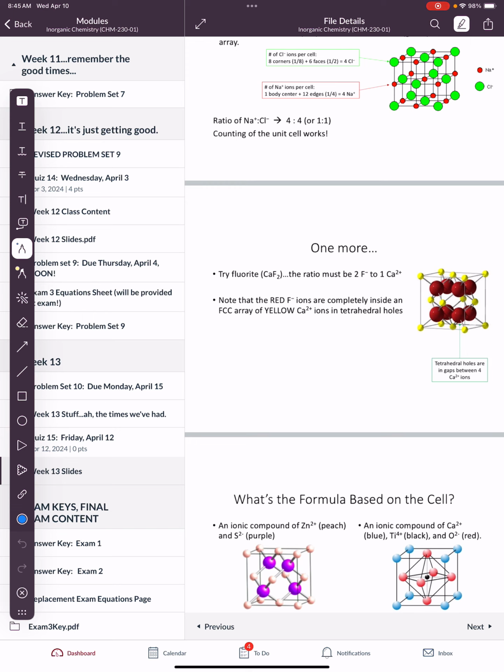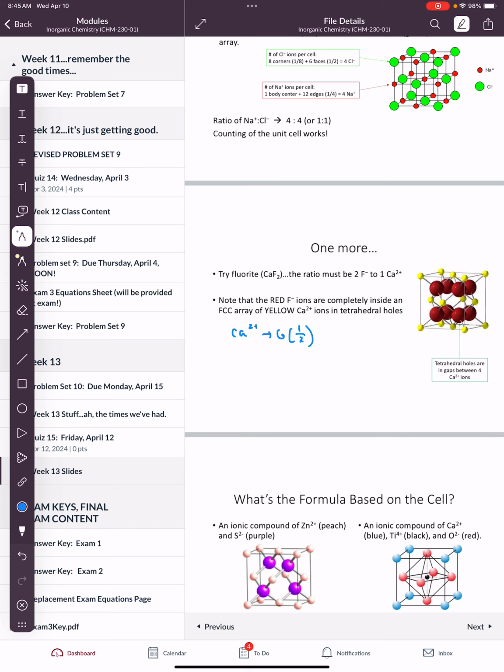Right? What does that mean? It means that I have 6 faces where I count half of those calcium ions each, and I have 8 corners where I count 1/8. So 6 times a half, plus 8 times an eighth, gives me 4 calcium ions total.